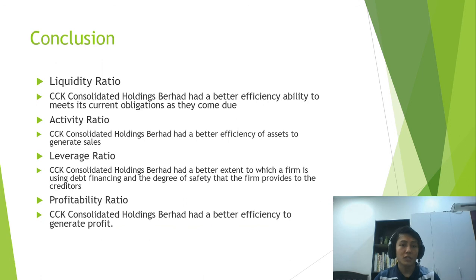It is to be concluded for this study that this is a very clear decision to make from both companies' financial analysis, as CCK shows a better performance of financial ratios, but Saudi Berhad had a poor performance. We can see from the analysis that CCK had a better overall liquidity ratio performance, a better overall activity ratio performance, a better overall leverage ratio performance, and a better profitability ratio performance from 2018 until 2020.